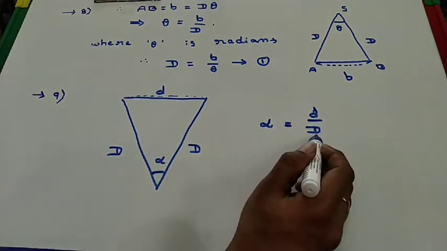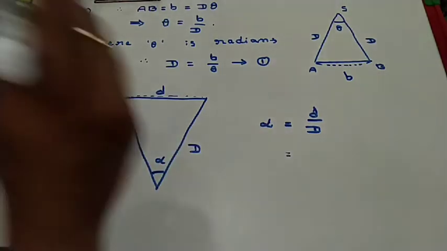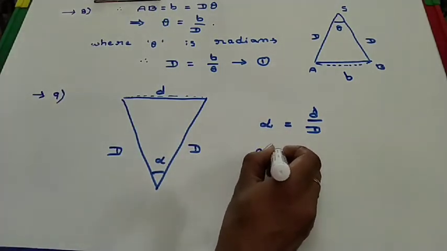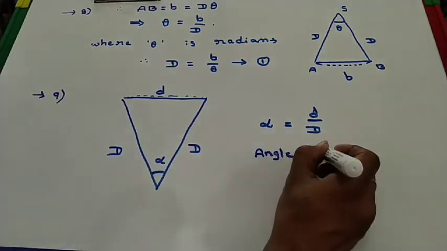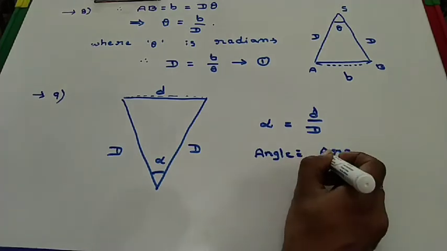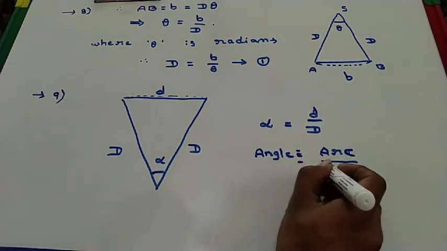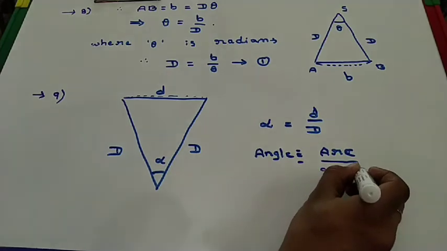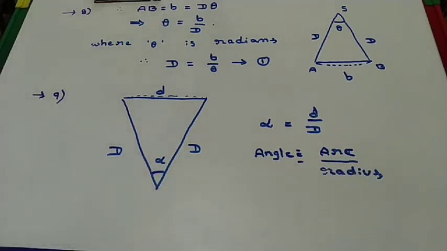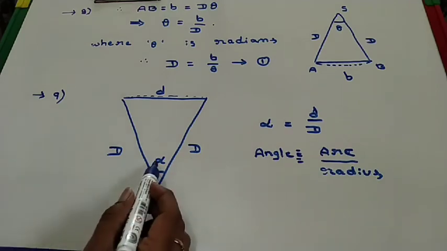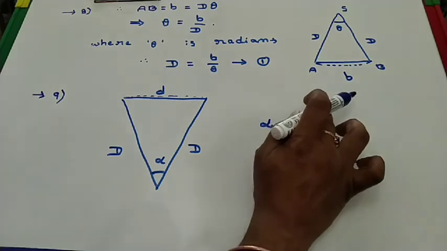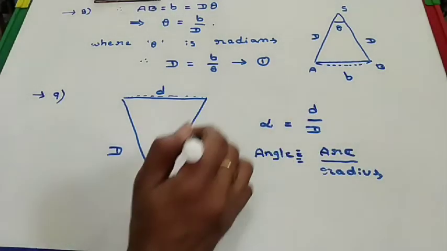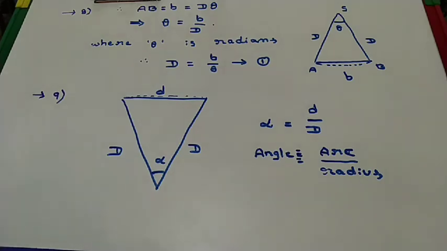So small d by capital D. What is the formula? Angle is equal to arc by radius. From this formula we can write that alpha is equal to small d by capital D.